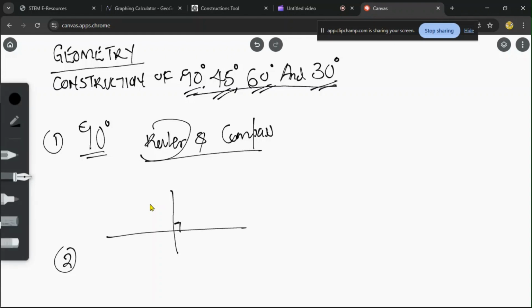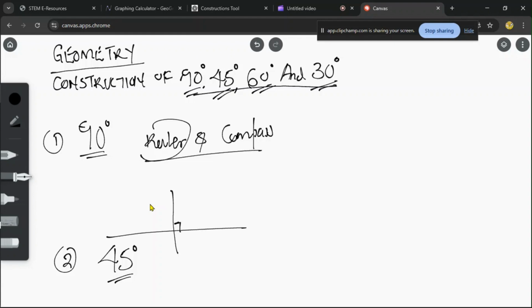Number two is an angle of 45 degrees. And for this one, an angle of 45 is obtained from the angle of 90. Because if I divide an angle of 90 by 2, it will give me an angle of 45.